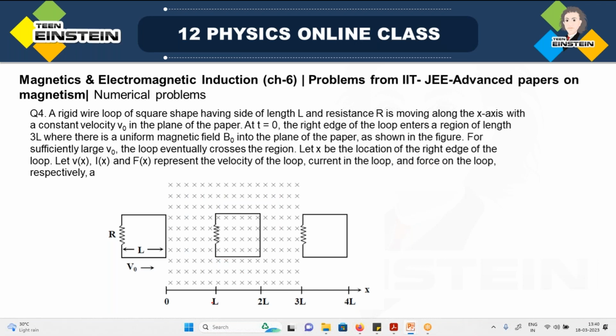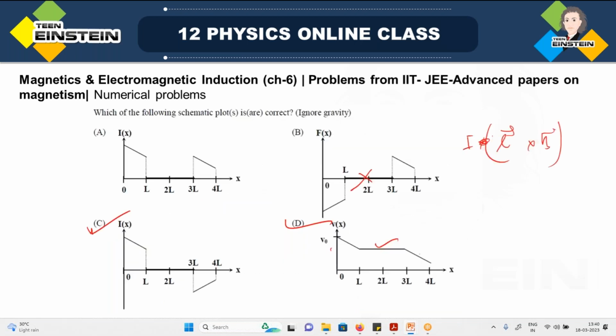And if uniform flux is there, there is no induction, so current will fall after this. It was earlier positive and it will be negative here, 3L to 4L. So this is how we have solved it.